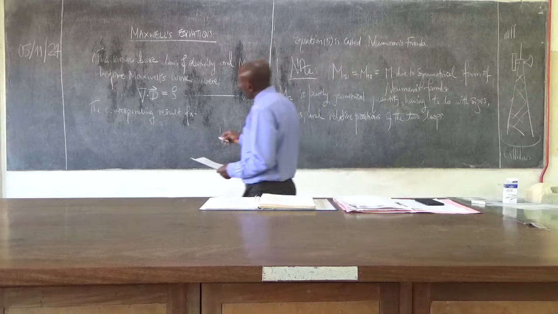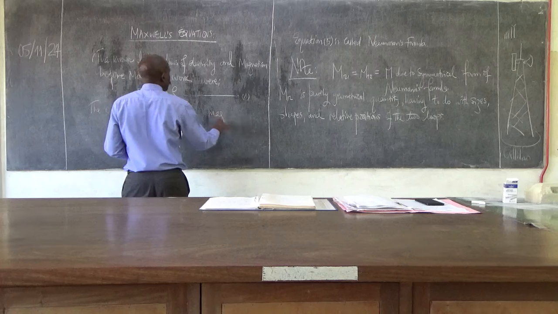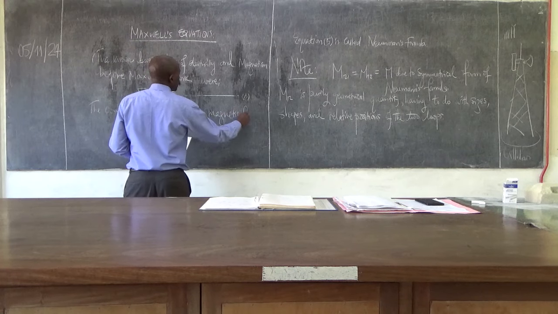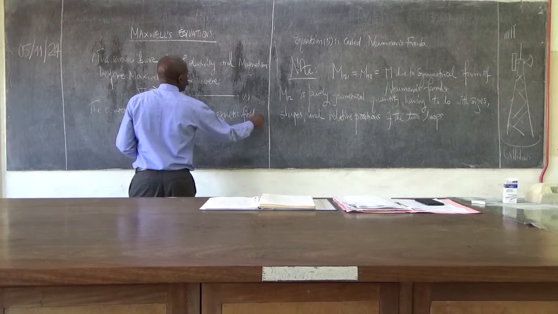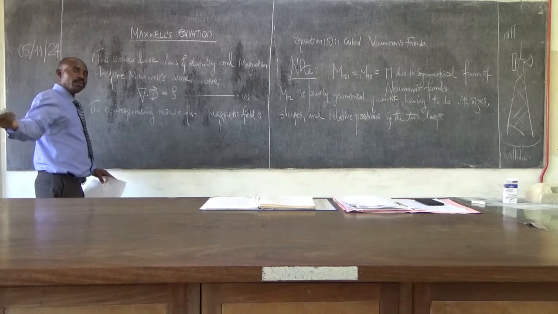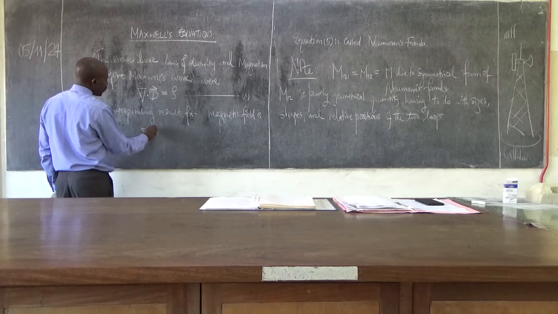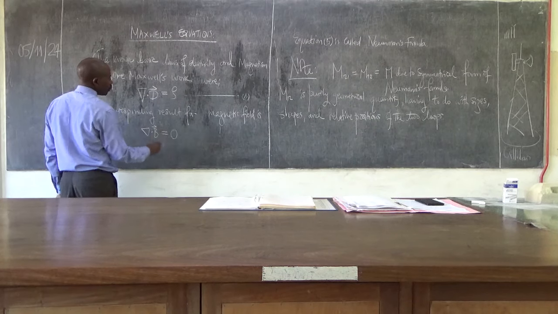So, the corresponding result for the magnetic field is that when we try to diverge the magnetic fields, then we get 0.